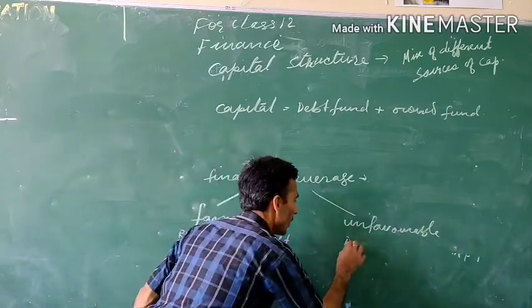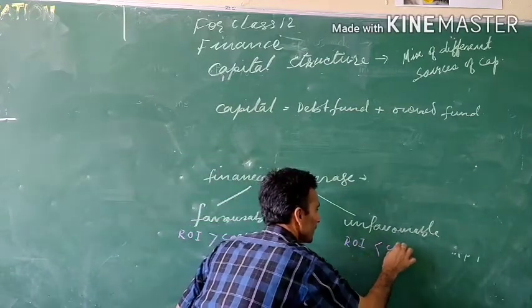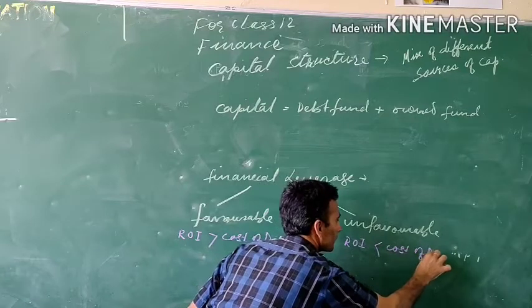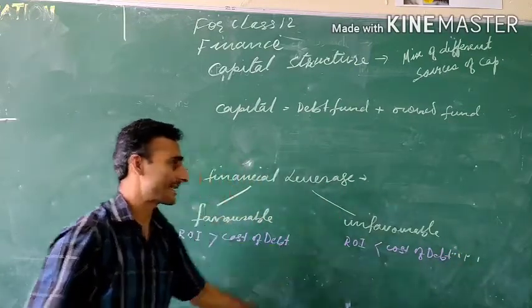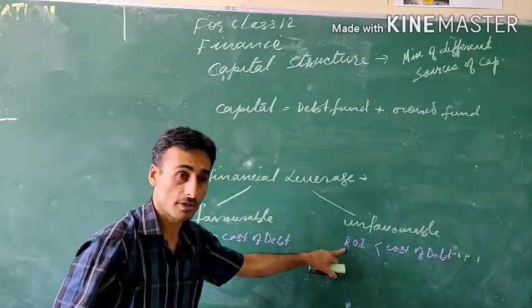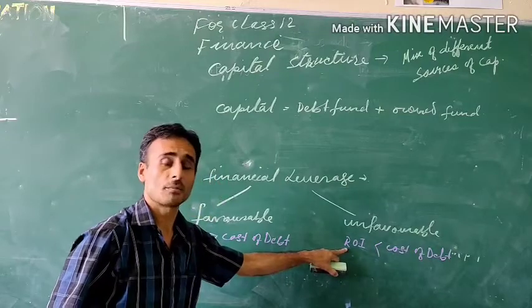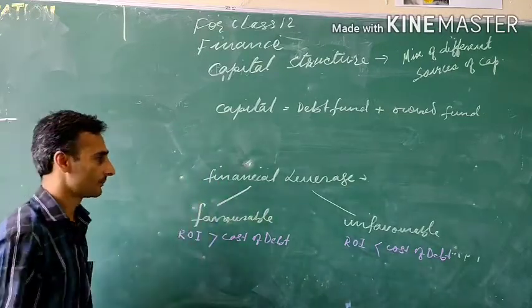Now, if ROI, return on investment, is less than the cost of debt, then this is unfavorable, not desirable, because this does not maximize the wealth of the equity shareholders.